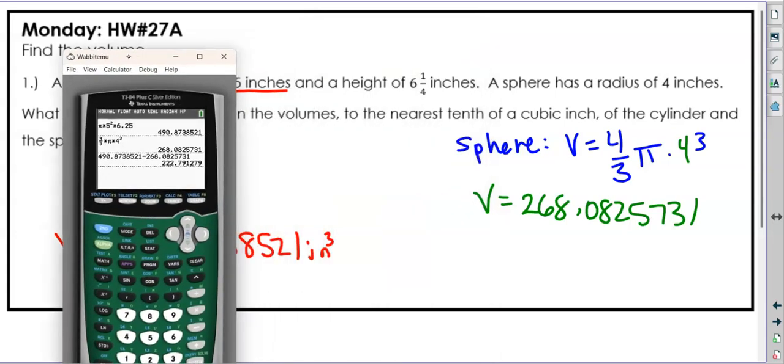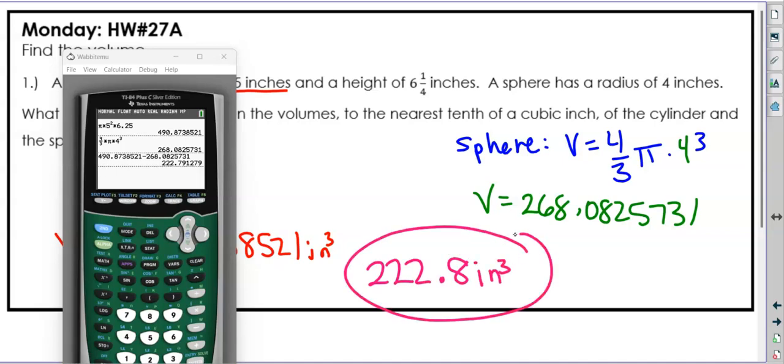Now I can round my answer. It says round to the nearest tenth of a cubic unit. So the answer is 222.8. The 79 is going to round up to 8. 222.8 inches cubed is the difference.